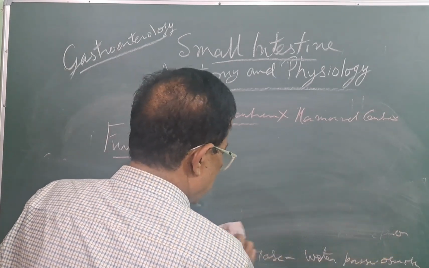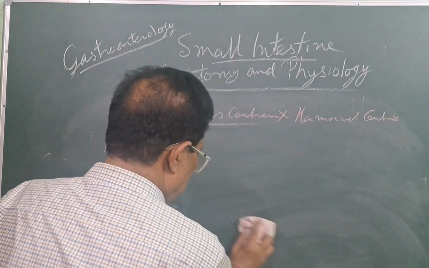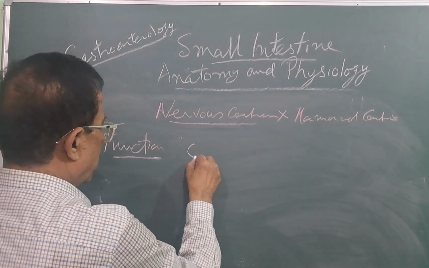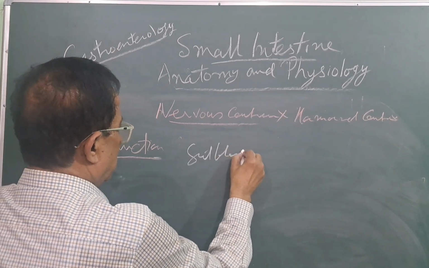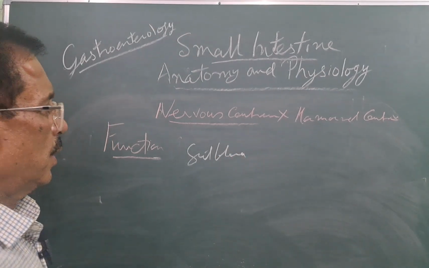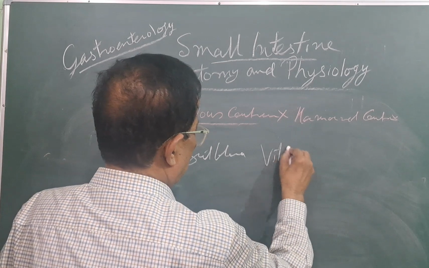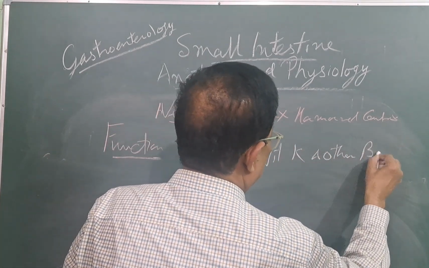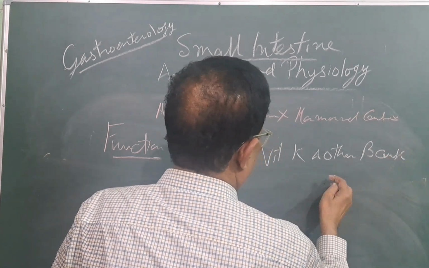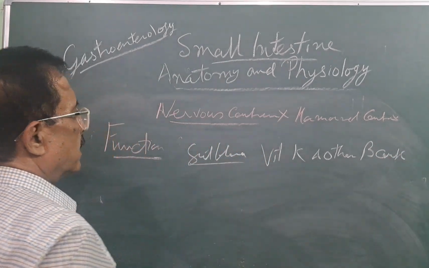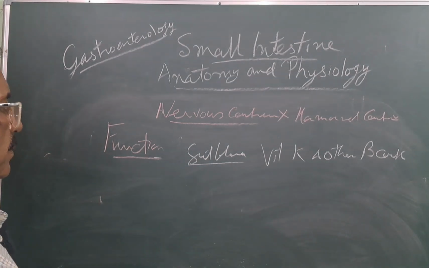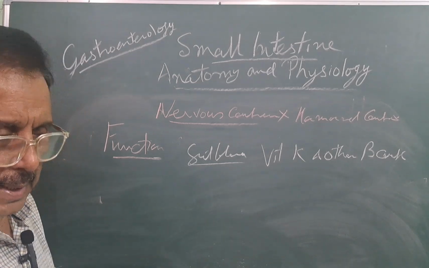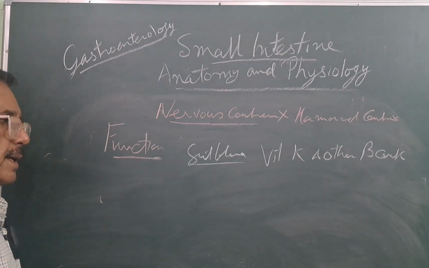The bacteria present in the GIT, including the small intestine, that is the gut flora, form vitamin K and vitamin B complex. These are the functions of the small intestine and succus entericus.